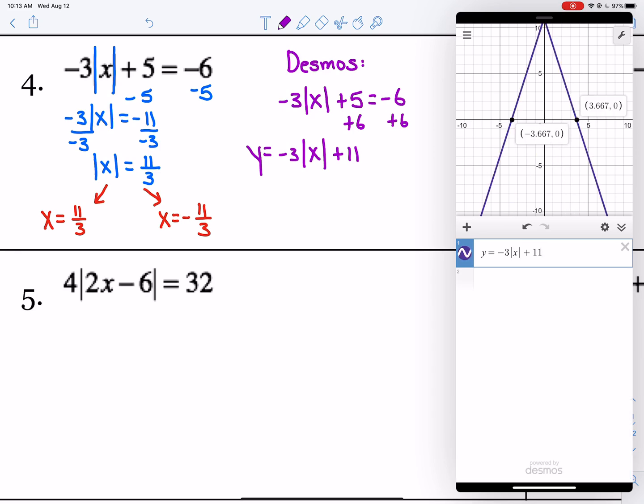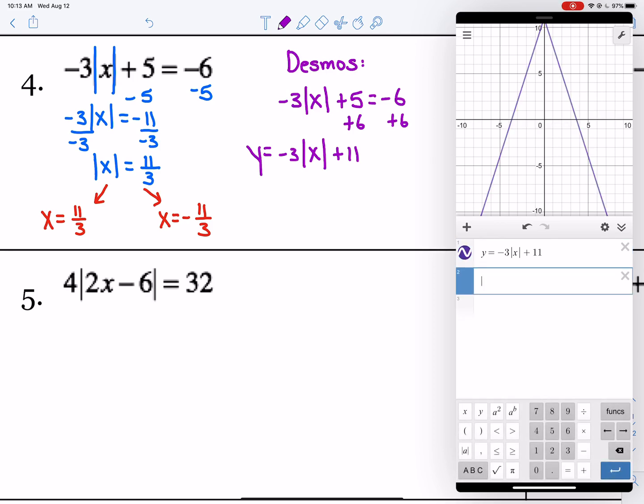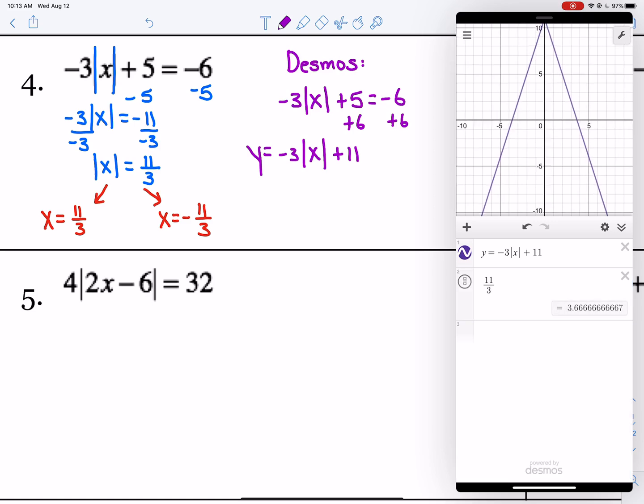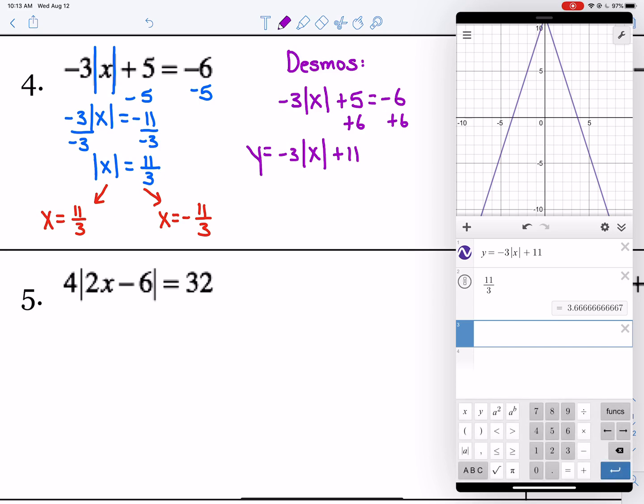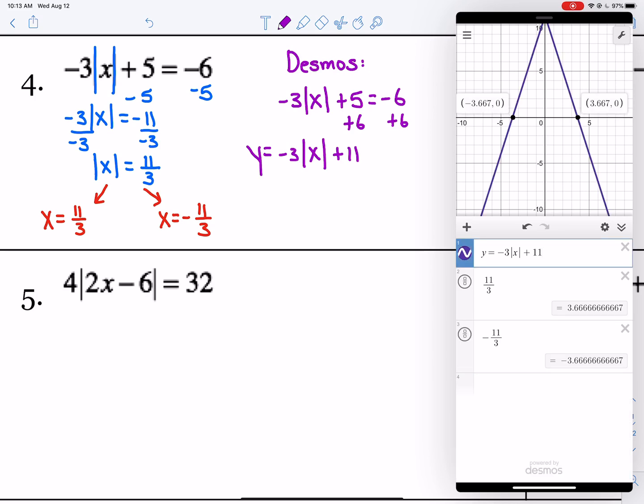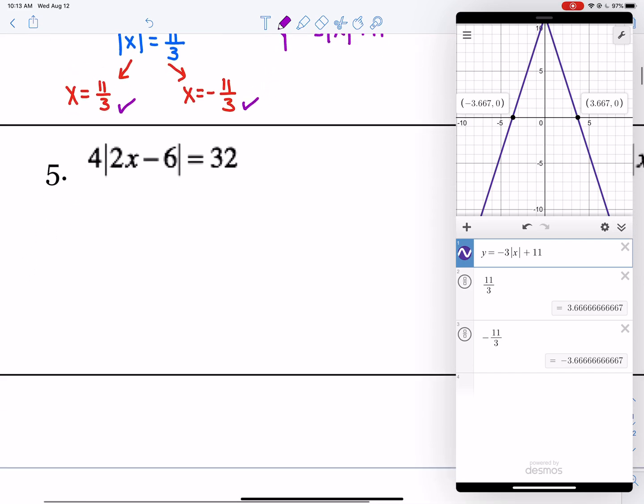And then we can see that number, and you can easily check it, just hit the next step underneath your function and type 11 divided by 3. And you notice that that's the answer on the x-axis that was on the right. And if you do negative 11 divided by 3, then you can tell that that was actually the one that was on the left. So see, they match what we got by solving by hand. So it's a nice quick way to check your work.